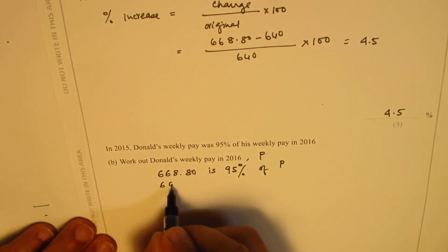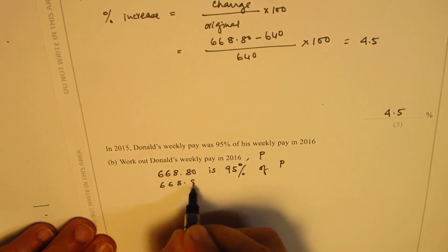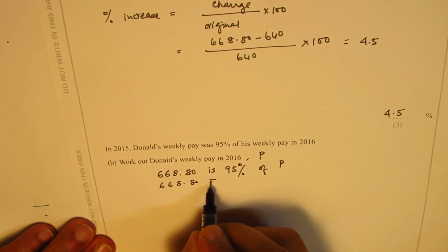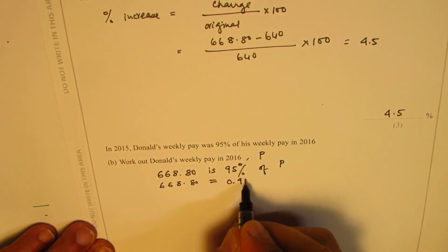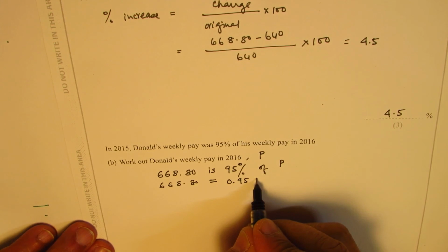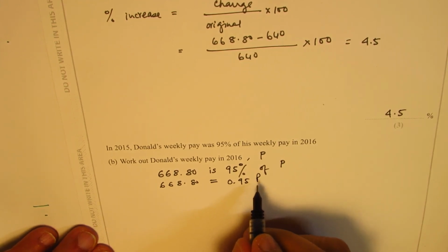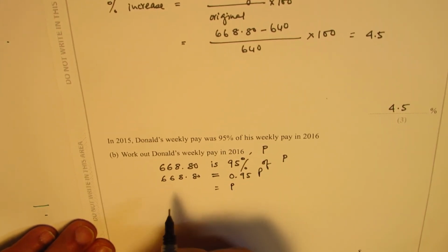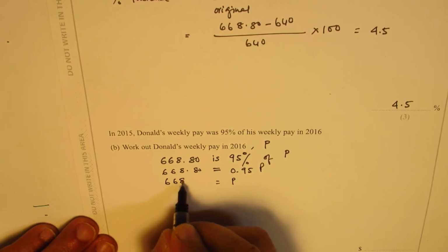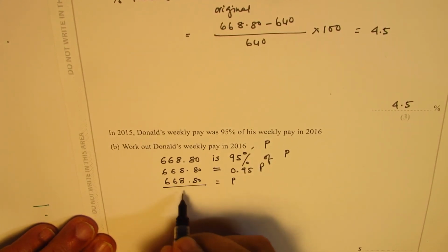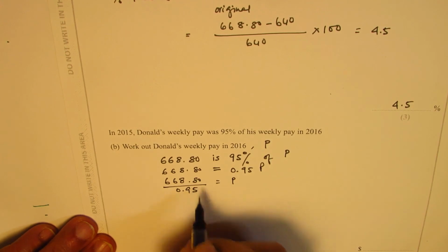So that means 668.80 is equal to 0.95 times P, correct? So the value of P will be equal to 668.80 divided by 0.95.